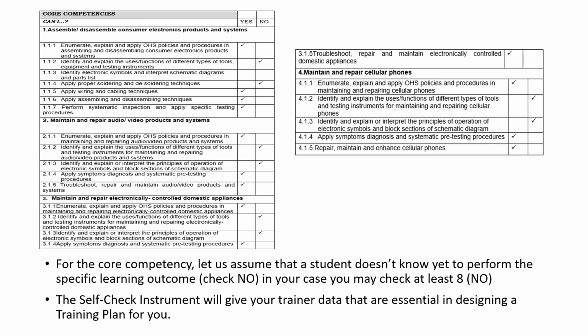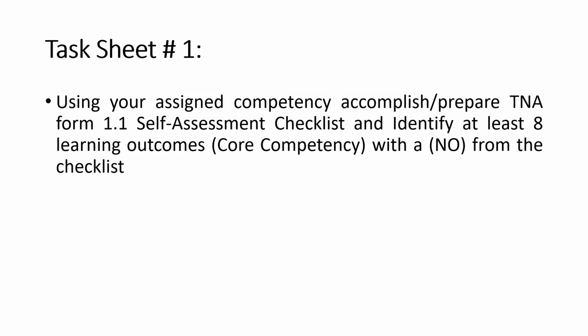Okay. So for your task sheet number 1, using your assigned competency, accomplish and prepare TNA Form 1.1 self-assessment checklist and identify at least 8 learning outcomes under the core competency with a no from the checklist.